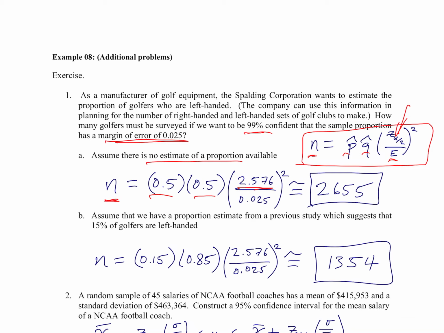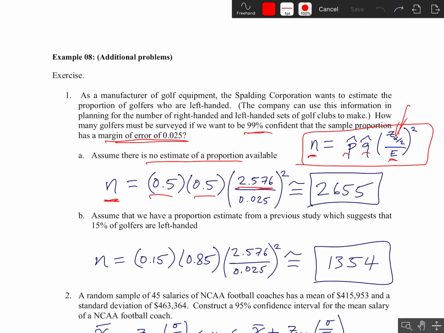Now notice that if you do have an estimate of the proportion available, then things change a little bit. So if you actually do have an estimate of the proportion, in this case 15% are estimated to be left-handed, then p hat would be 0.15. That means that q hat would be 0.85, because it's the rest of the 1. And then these other terms are exactly the same. But notice that in this case, the number of people that we have to survey is a little bit less.